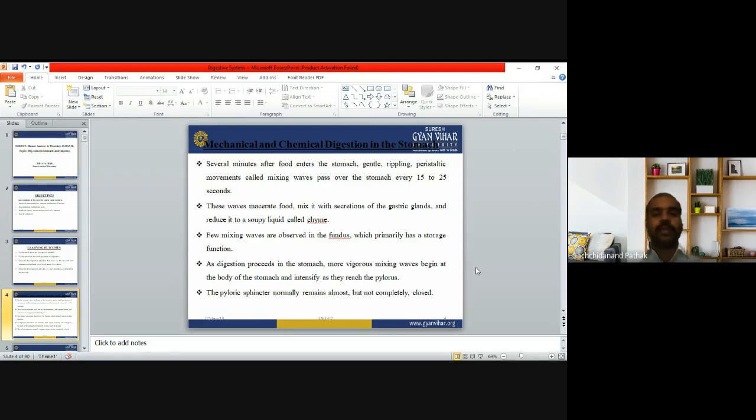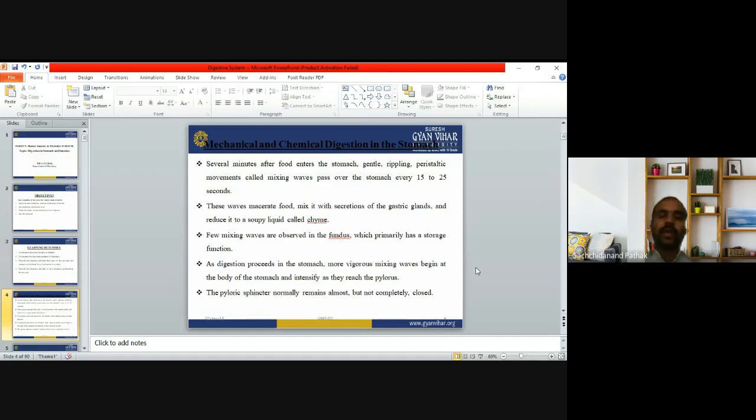As you can see here, the stomach has a peristaltic movement every 15 to 25 seconds, a rippling, crinkling wave. When the wall of the alimentary canal has peristaltic movement, it mixes and macerates the food with the gastric juice secreted by the different gastric glands.